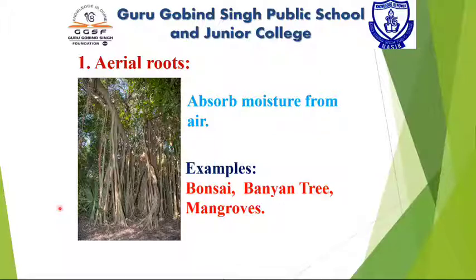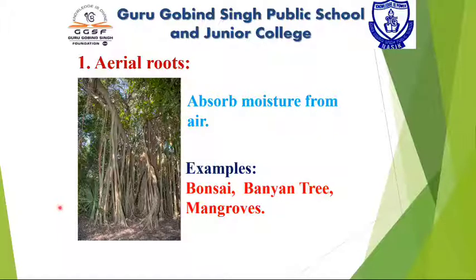A few examples of plants with aerial roots are bonsai, banyan tree, mangroves, etc. Aerial roots enable plants to breathe air in habitats that have waterlogged soil. The roots may grow down the stem or up from the typical roots.